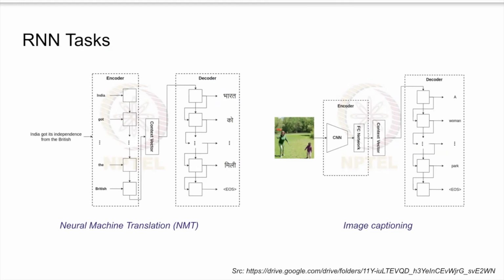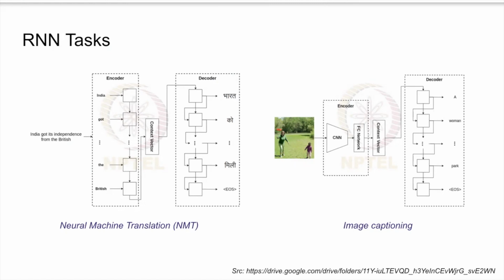For instance, here we input English and expect the Hindi translation of the sentence. Let's say the sentence is "India got its independence from the British", and its translation would be भारत को ब्रिटिश से स्वाधीनता मिली.